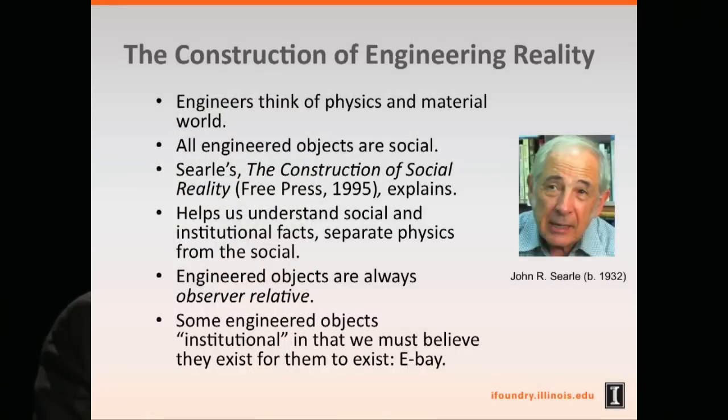One final thing to keep in mind is that as engineers, with all the math and physics that we study, we think of those things as sort of the ultimate reality. And there is a certain sense in which engineered objects, at least physical objects, have a physical reality. They're made of certain materials, which are certain arrangements of molecules, and those have certain physical material properties.